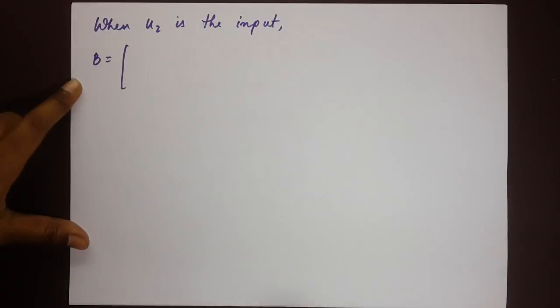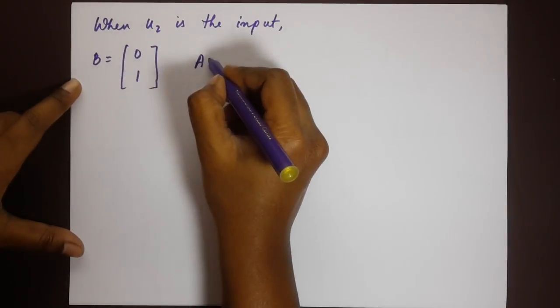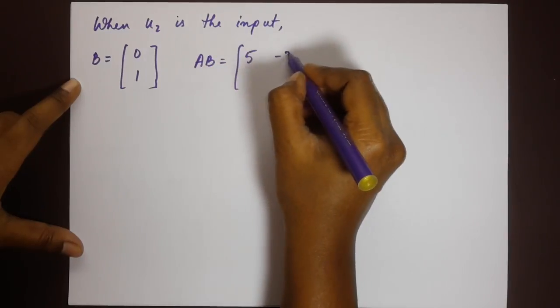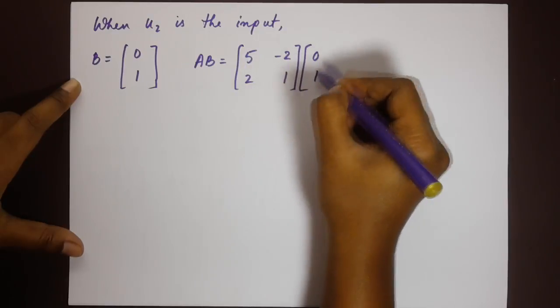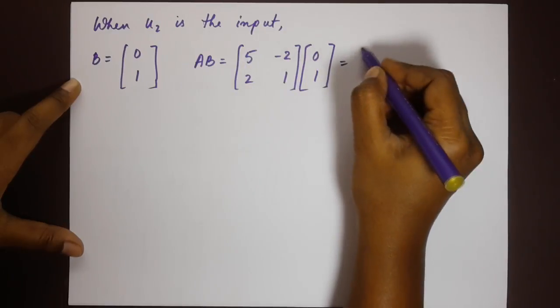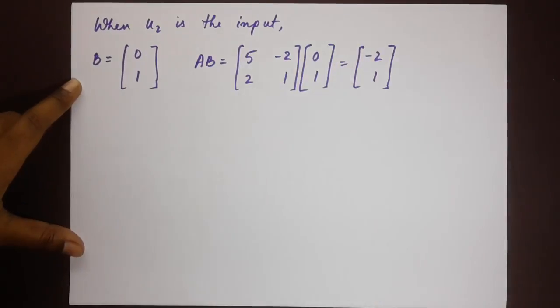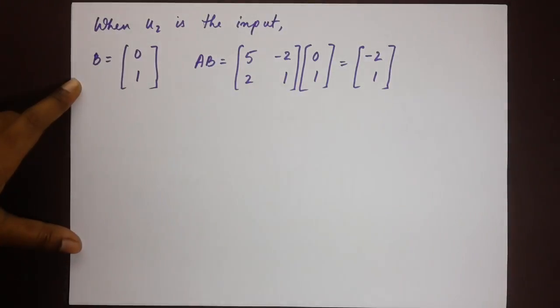So that's 0, 1. And then we have AB. Let's multiply. We have A, 5, minus 2, 2, 1, multiplied by 0 and 1. And that gives us minus 2 and 1.